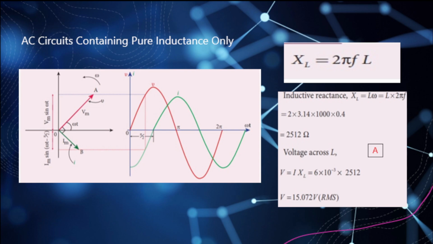Now, one final thing I've not mentioned in a purely inductive circuit is inductive reactance, or XL, as you see over in the right-hand corner here. Inductive reactance is the resistance offered by the inductor and measured in ohms.